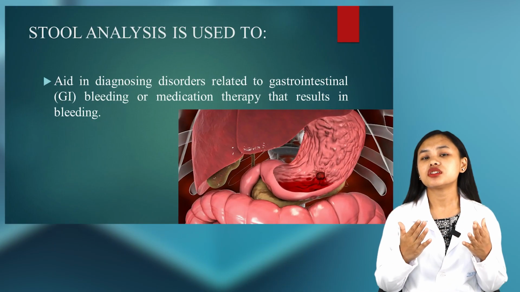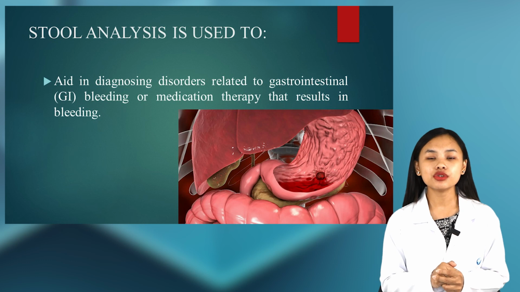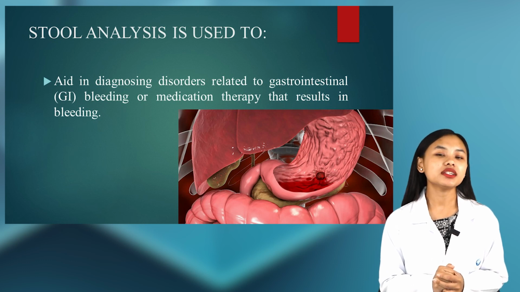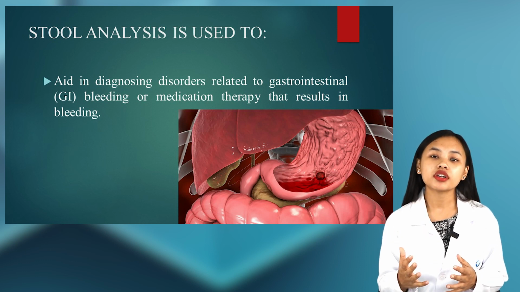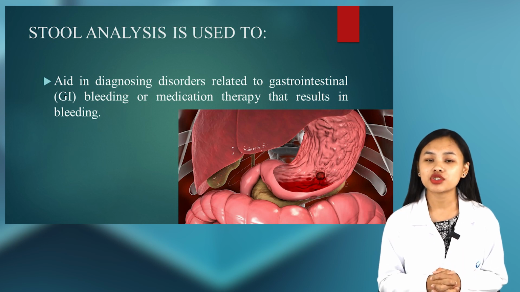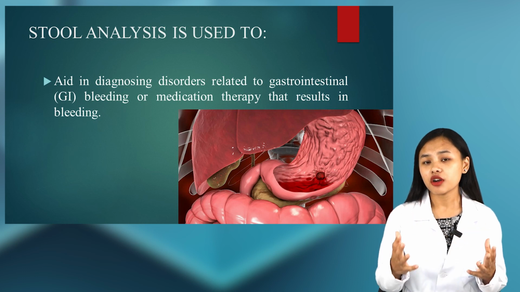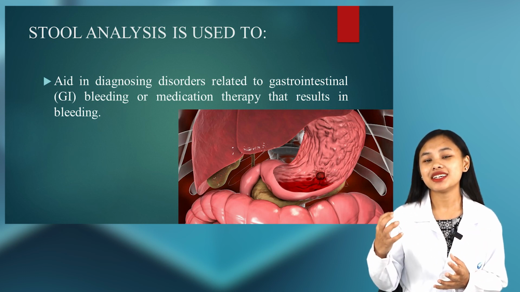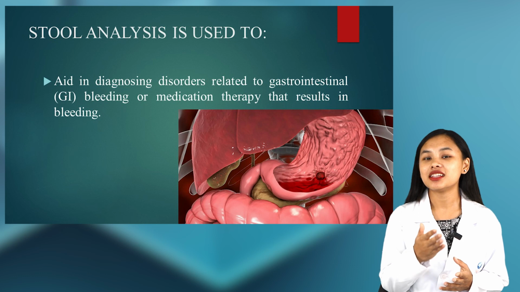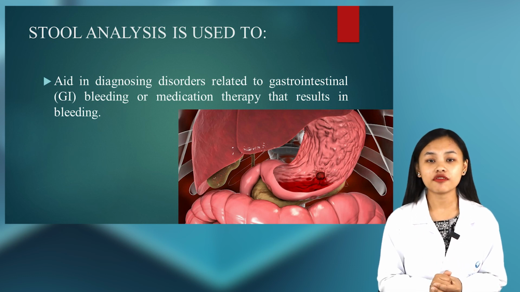Here, this stool analysis is used to aid in diagnosing disorders related to gastrointestinal bleeding, as well as to the therapy which a person is undergoing that can lead to bleeding.